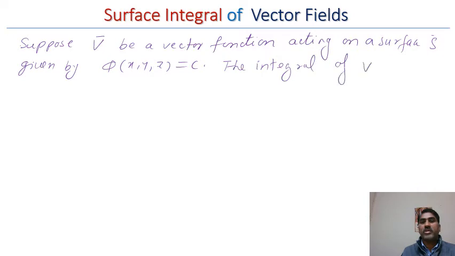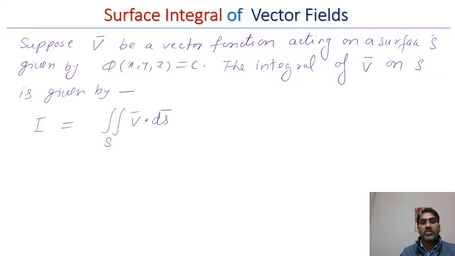Now the integral of v on S is called the surface integral of v, because S is a surface. So this is given as the double integral over the entire surface S of v dot ds, and you already know what ds is.